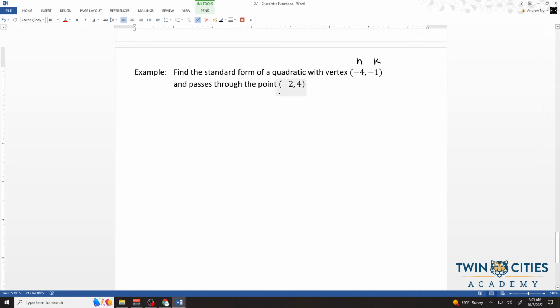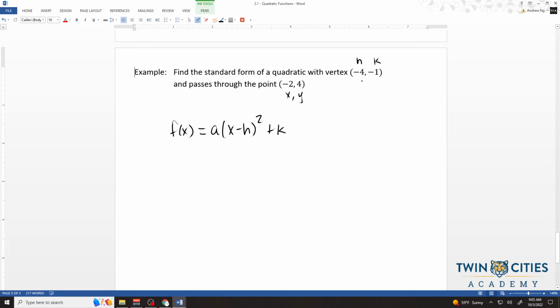And since we're passing through this point -2, 4, then I can treat this as x and y, or x and f of x. So we'll start with my standard form. Standard form here is f of x equals a times the quantity x minus h squared, and then plus k.